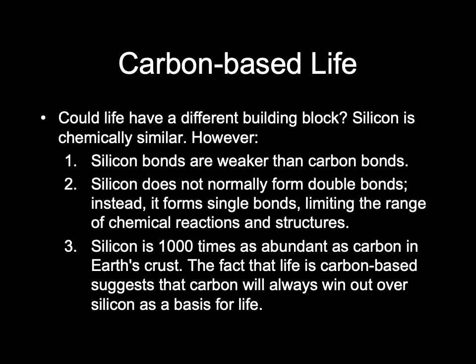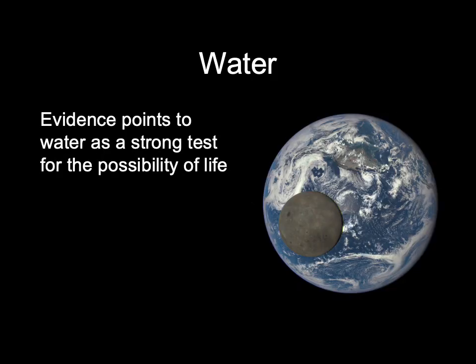And silicon is 1,000 times as abundant as carbon in the Earth's crust. So the fact that life is carbon based means that, since there was more silicon available but carbon won, then maybe carbon is more necessary than silicon for life. But carbon then is something that we would look for to try to see if there's life out there, where life is defined as life as we understand it here on Earth.